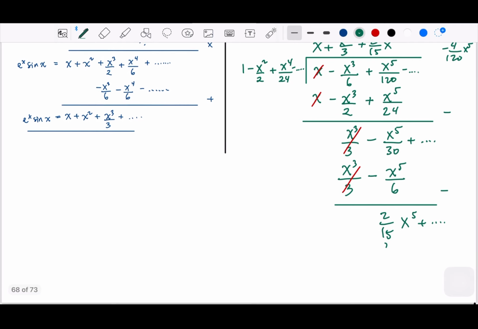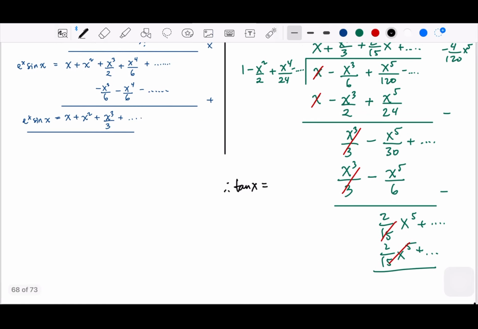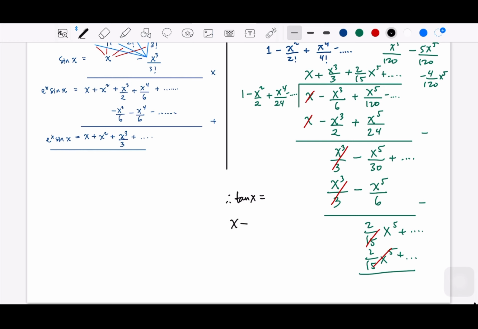To cancel out this, and that's it. These are the 3 terms. Okay, so at the end, the tangent x can be represented by these few terms: x plus x cubed over 3 plus 2 over 15 x^5.